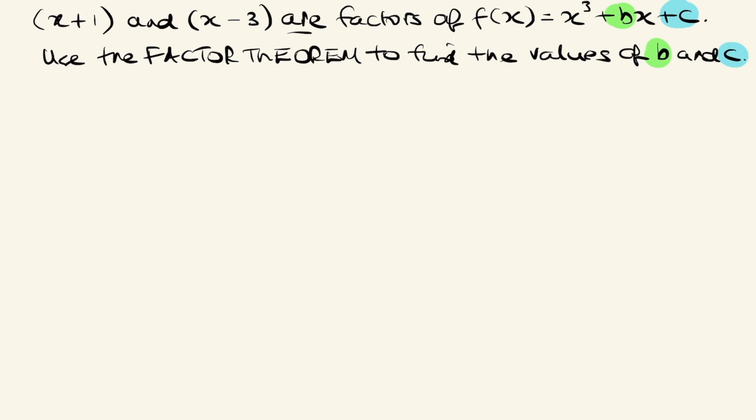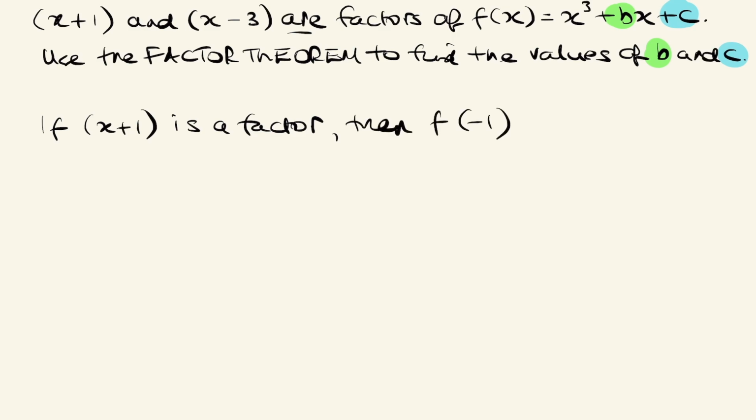But what I'm going to say here is that if x plus 1 is a factor of our f of x, and we're told that it is, then f of minus 1 equals 0. So I've taken this and reversed its sign.